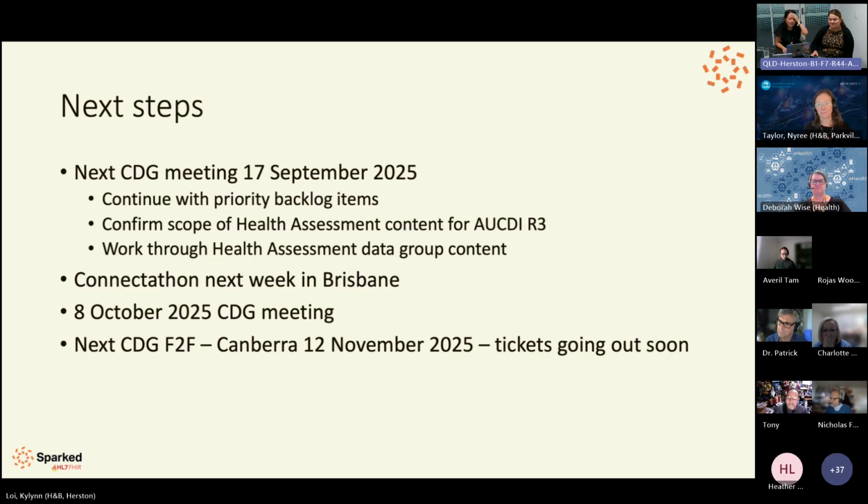Just in terms of next steps, the next CDG meeting will be the 17th of September. We will continue with the priority backlog items, and we'll also try to confirm the scope of the outputs that came from the last face-to-face and bring them to this group, and then work through some of those health assessment data groups. If anyone's interested, I think it might be sold out anyway, but there's a technical connectathon next week in Brisbane, so hope to see some of you there.